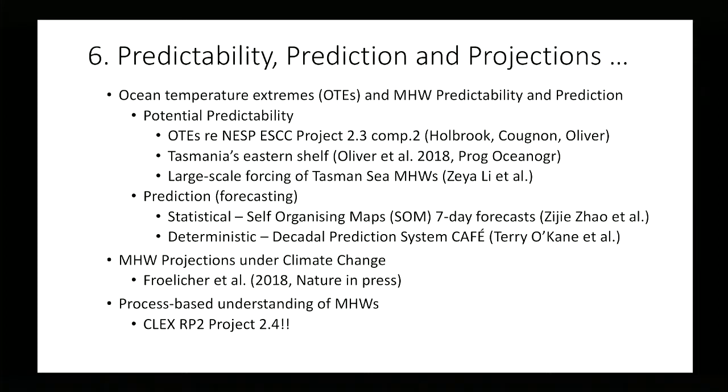Eva, who's in the room, Eric Oliver and myself are looking at ocean temperature extremes in a NESP project where we're working with Terry O'Kane and James Risbey, using a decadal prediction system to try and understand, is there year-to-year predictability of marine heat waves using the CSIRO Access Decadal Prediction System tool.